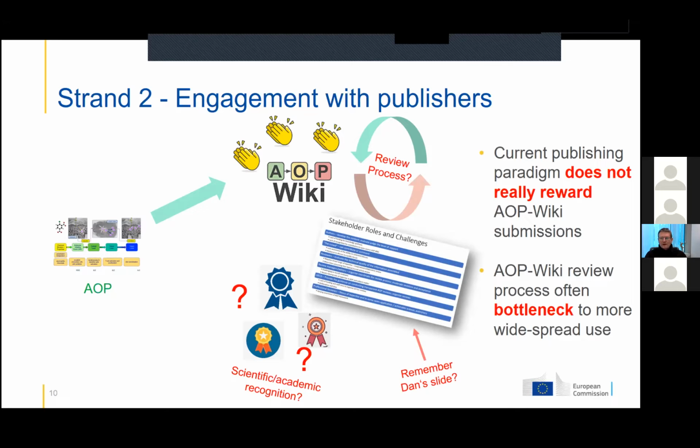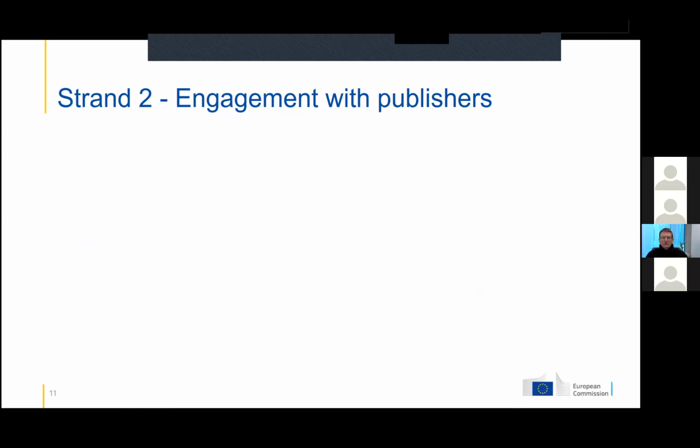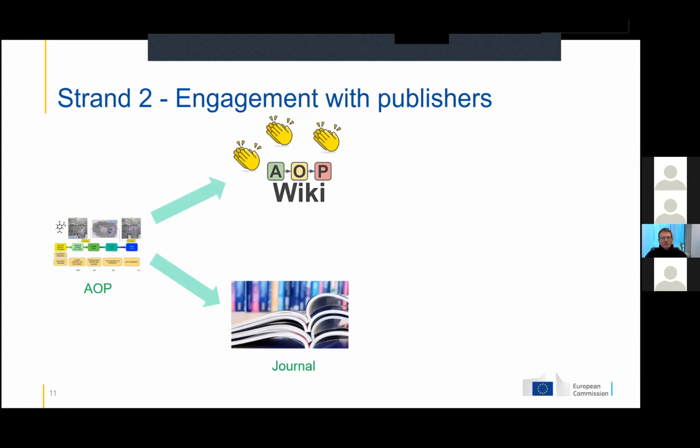So the current publishing paradigm obviously does not really reward AOP Wiki submissions. So you are supposed to submit your stuff to the Wiki, but you don't get proper recognition. And the AOP Wiki review process is often the bottleneck to a more widespread use of AOP knowledge. So wouldn't it be much better if in parallel you published your AOP not only in the Wiki, but also in a journal, or in the other way around?